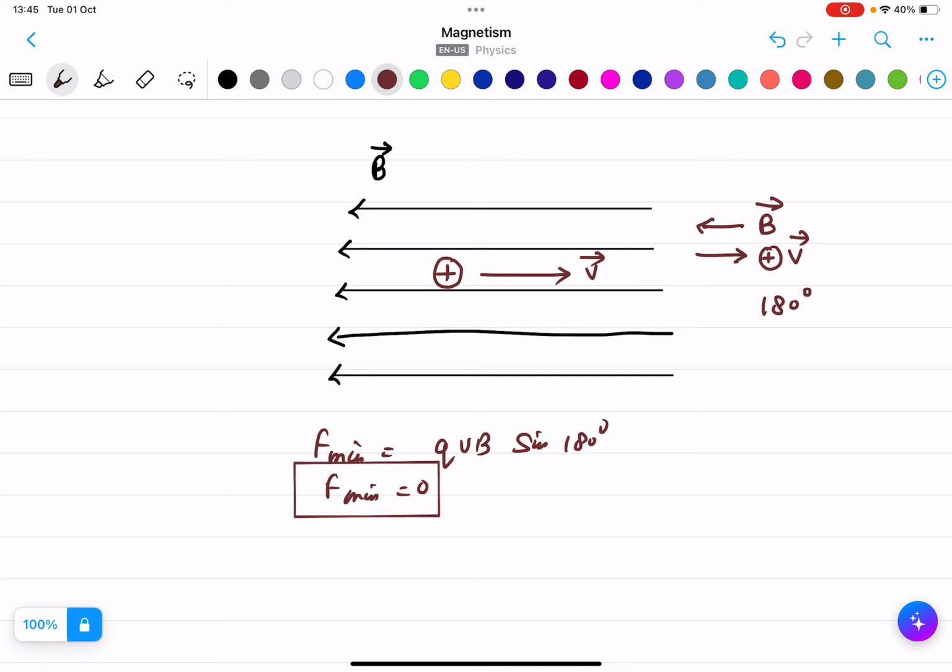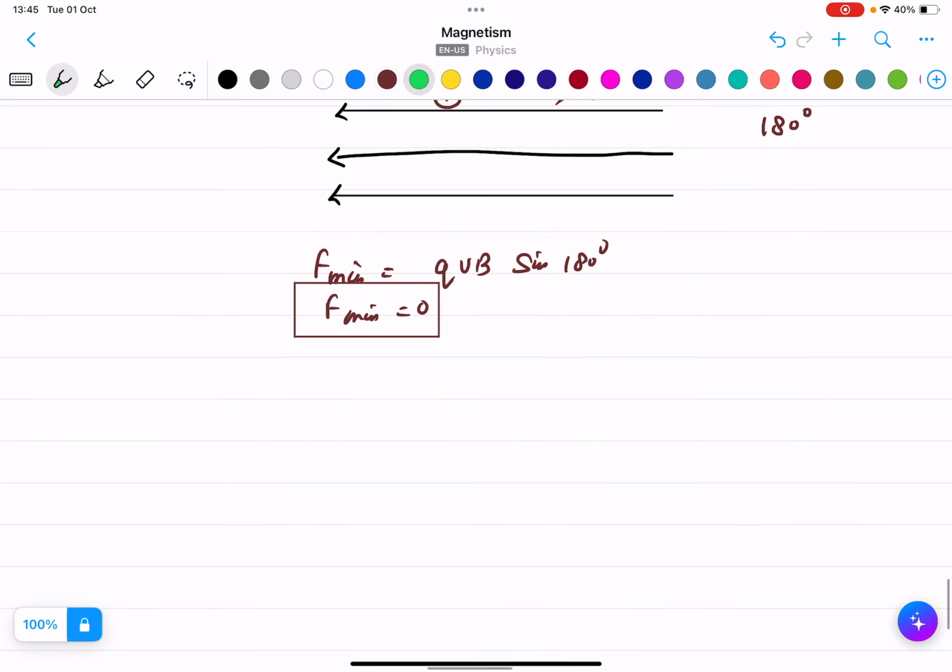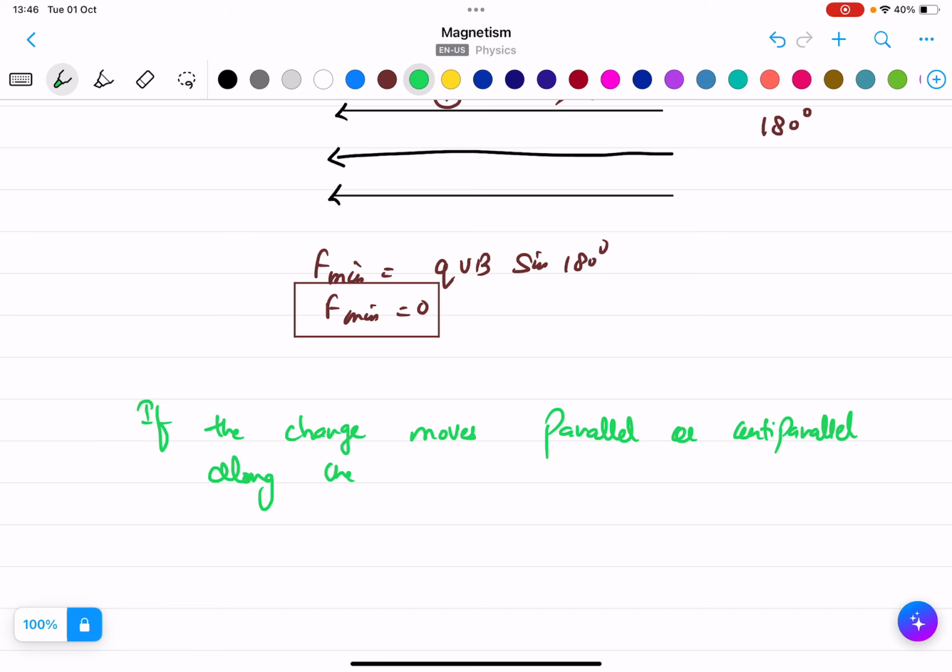So always remember, if the charge moves parallel or anti-parallel along the field, the force will be minimum or 0.